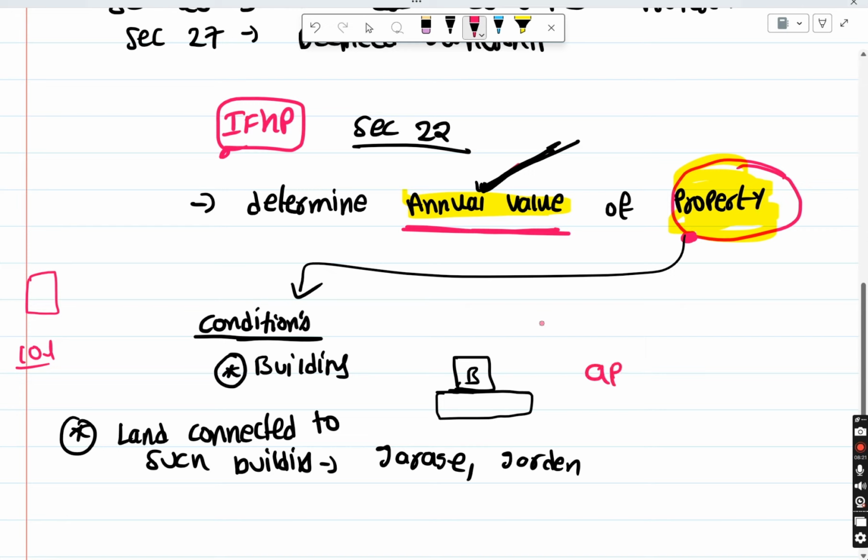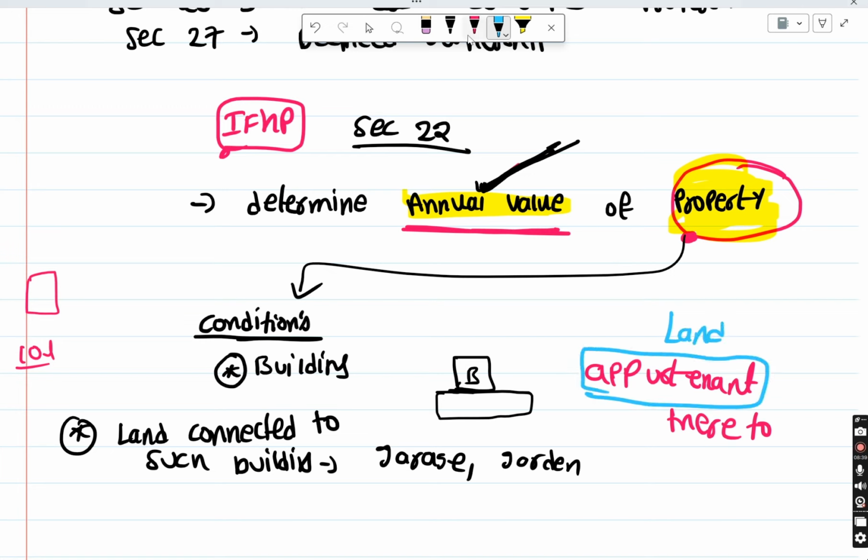They may test this in the MCQ, so that's why we need to learn these words also. Appurtenant thereto. The word means connected. If the land is connected to that building, and if you are generating any money from that, like garage, garden, that also will be taxed under IFHP. That also will be considered as property. So this is the meaning of property. Property means a building and any land connected to the building.